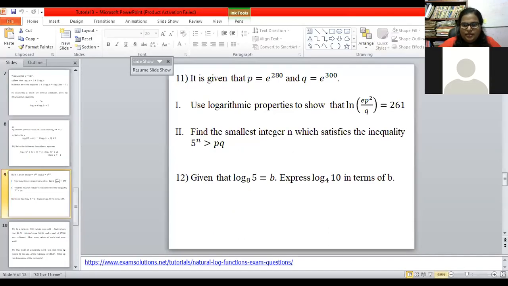We are done with question 11 now, and I'm going to discuss this 12th question now, right? Given that some log term is given, express this log base 4 of 10 in terms of b. We'll see how to construct our solution according to this one, right?